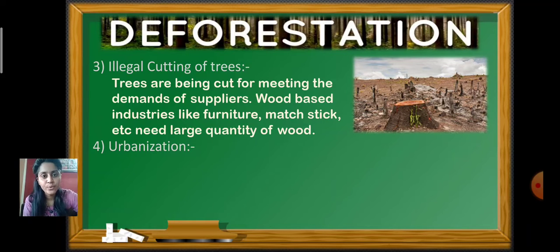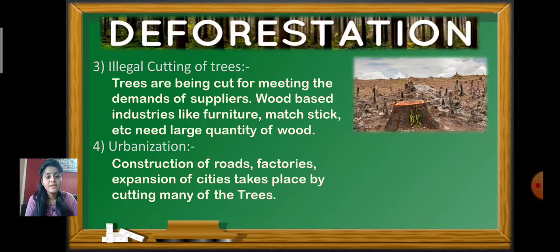Now let's see the fourth cause, urbanization. Construction of roads, factories, expansion of cities takes place by cutting many of the trees. In urbanization, what happens? People have to construct roads, factories, and expansion of cities.